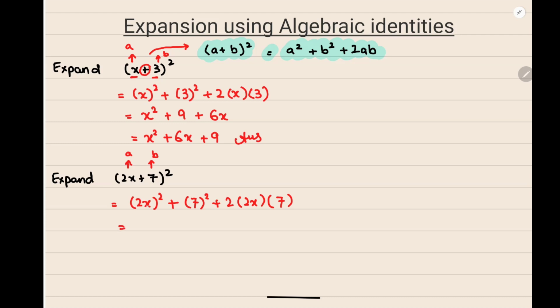Now, (2x) whole squared is basically 4x squared, plus 7 squared, which is 49, sorry. And 2 into 2 is 4 and 4 into 7 is 28x. Now, for the sequence, I would write 4x squared plus 28x plus 49.